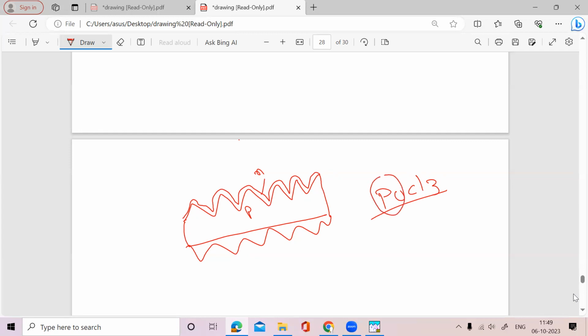So in the industry or in the lab, how can I do it? There is a chamber, this type of chamber. In this chamber, wafers are placed, and I have to give some gases.